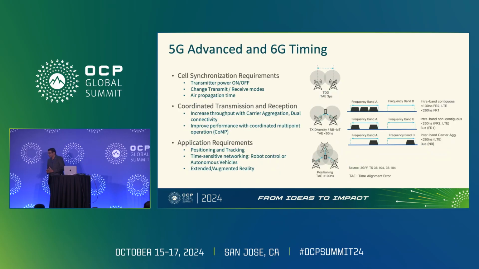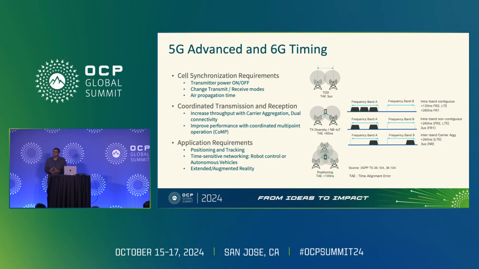Okay, so with 5G, 5G Advanced, going forward to 6G, there are challenges in doing time synchronization. It requires time synchronization because of the different use cases that 5G exposes to the world. It's about the complexity of the technology and the modern applications for different types of communication that 5G brings.